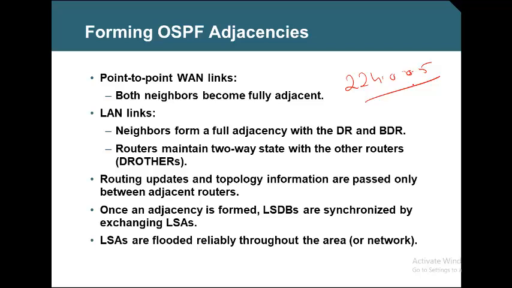Again, on the other side of the link, if the router runs OSPF in the same area, then it is going to receive it, process it and form neighbor. If the other end of the wire doesn't have OSPF, it may receive the packet, but it cannot open it and process it.